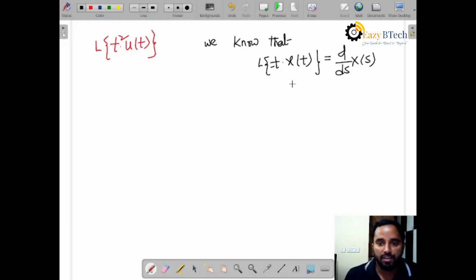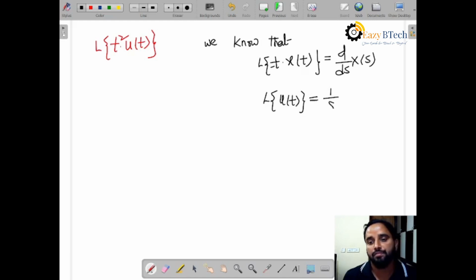So in the place of x of t, I am going to take u of t. So what is Laplace transform of u of t? 1 by s. So which will be x of s. This is x of t. Right? Now we are multiplying our x of t by minus t.